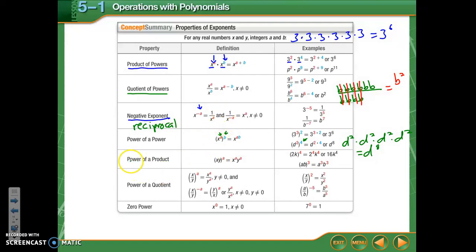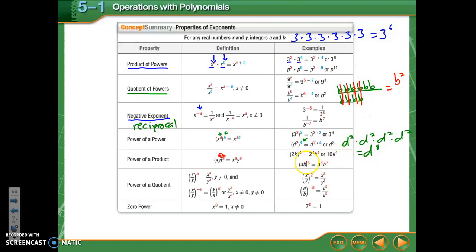Power of a product. So what happens in power of a product is that inside of my parentheses I have different bases like x and y, or maybe it might be 3x or 2z, raised to the same exponent. So basically, since that means that I'm taking both of the bases inside my parentheses to the same exponent, I can take the exponent to both bases.